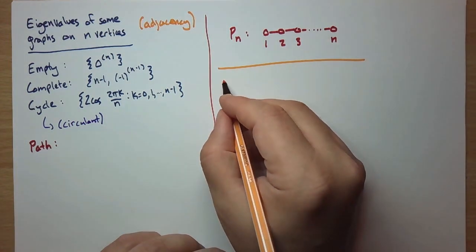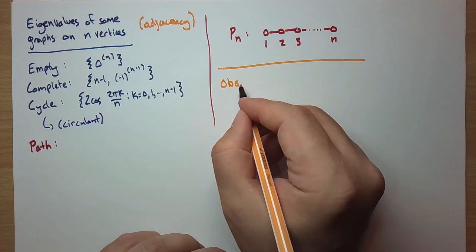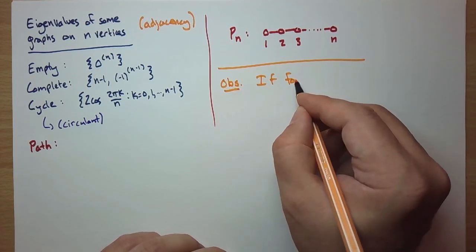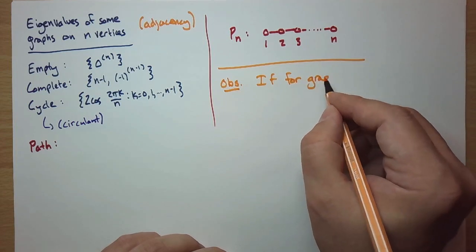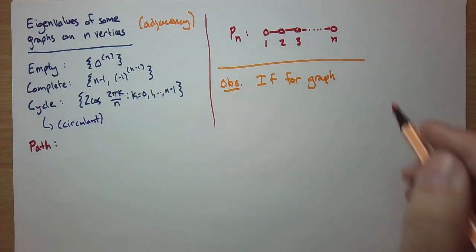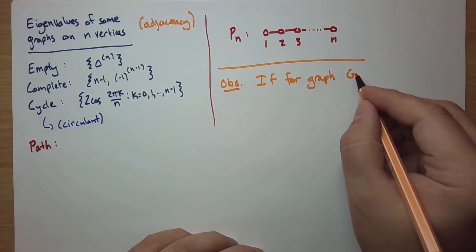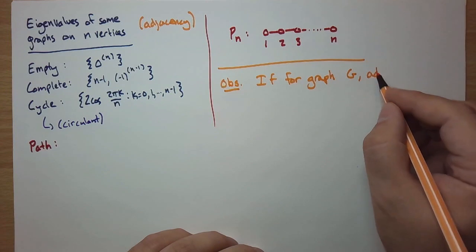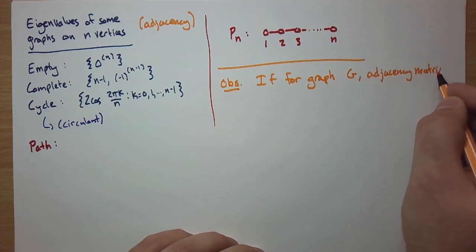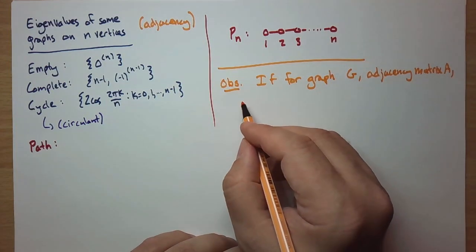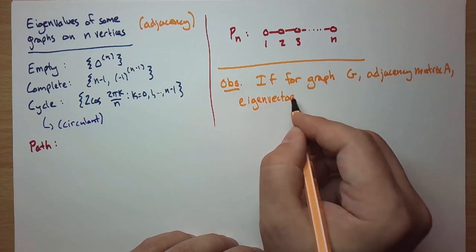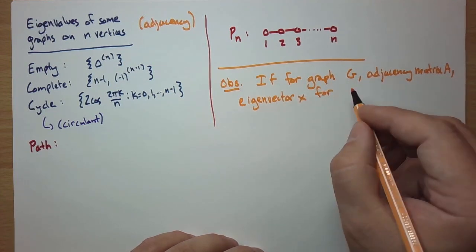So, observation. If, and of course this takes a long time to say things, and it's much funner when you can just wave your hands. All right. So if for our graph G, adjacency matrix A, so we're just introducing our pieces here, and let's say our eigenvector X for eigenvalue lambda.